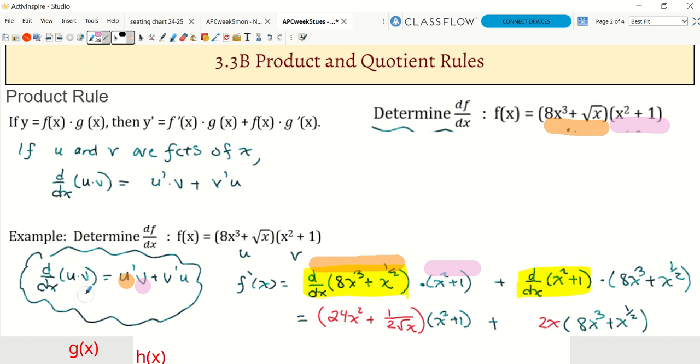And then I'm going to add it with taking the derivative of the second, multiplied by leaving the first.